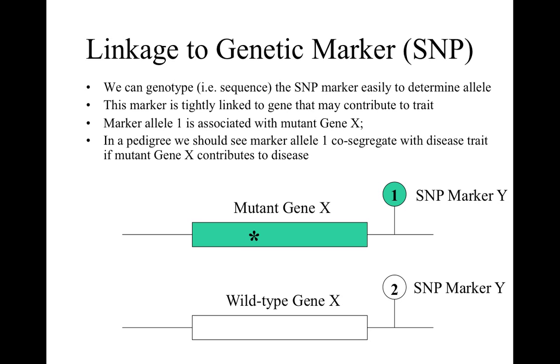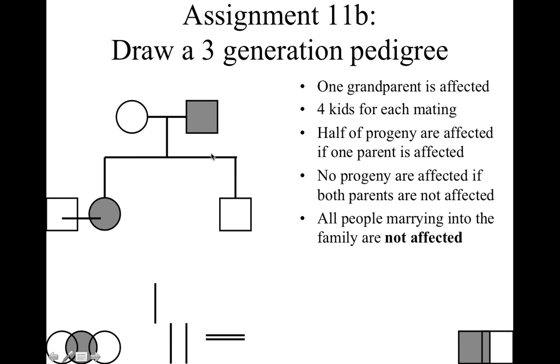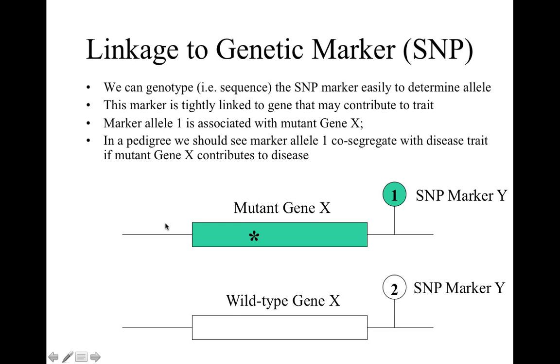Ideally, we want to look at this pedigree and find some mutation in some gene that co-segregates exactly with the affected phenotype. The problem is that there are 20,000 possible genes, and sequencing all 20,000 for every person in the pedigree to search for mutations is too arduous. So instead, we will examine genetic markers, usually SNPs, that are tightly linked to each of the 20,000 genes.